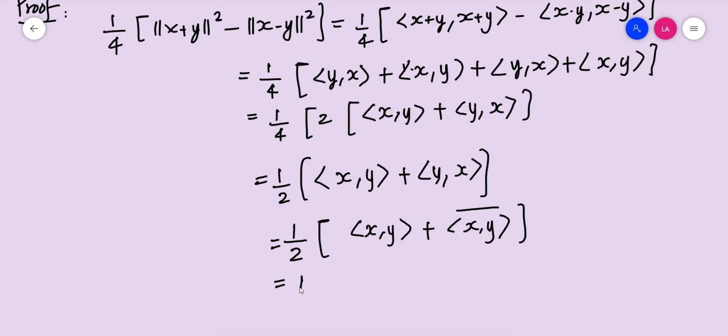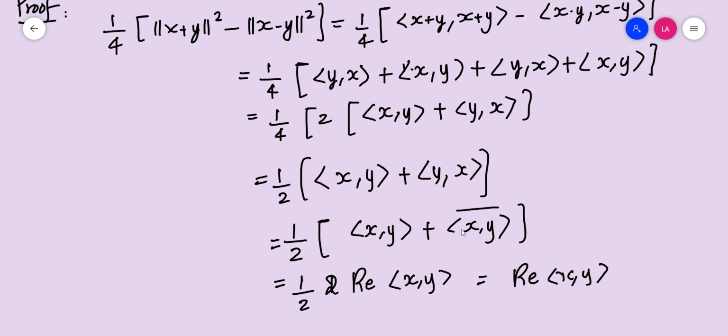So using that we have 1 by 2 times 2 times the real part of inner product xy, and by cancelling we get the real part of inner product xy.